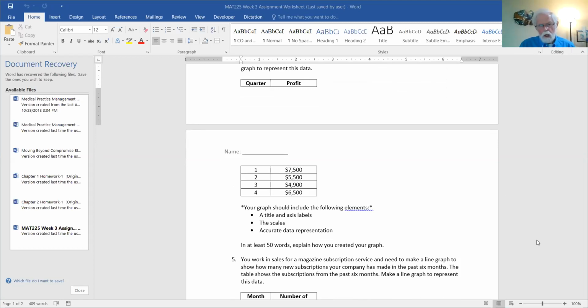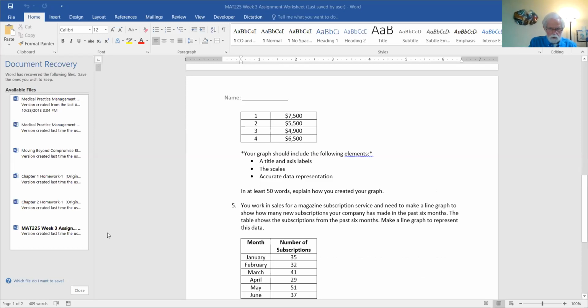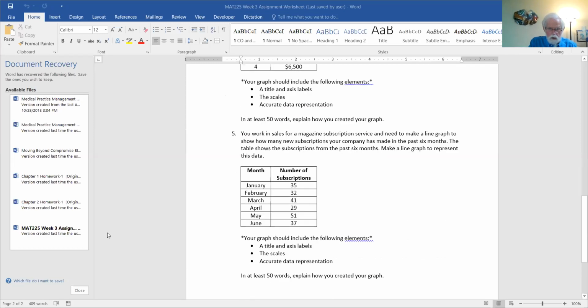Zoom will slow your computer down. I had a devil of a time on Monday. Things were going very slowly on my end because not only did I have Zoom running, but I had it recording, and that really slowed things down. I also had a number of Word documents up, so it was slowing everything down.